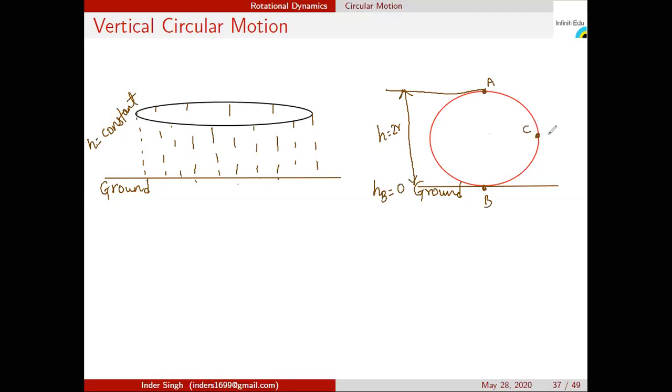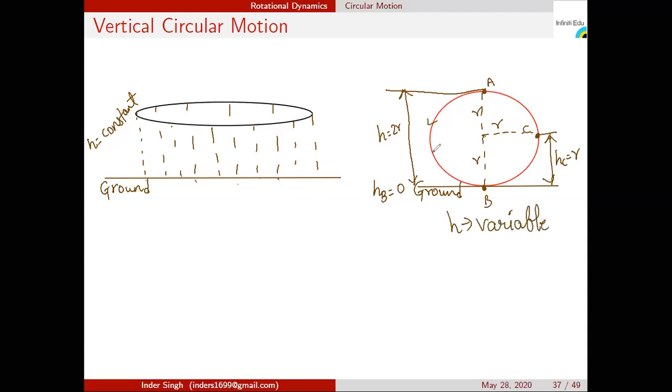Next is position C, and the height of position C, HC, will be equal to R, where R is the radius of the circle. So height is variable in vertical circular motion.